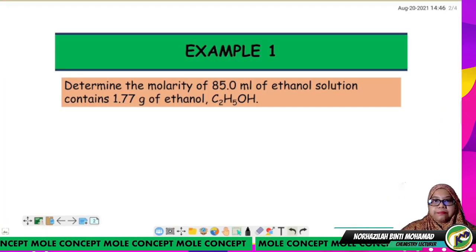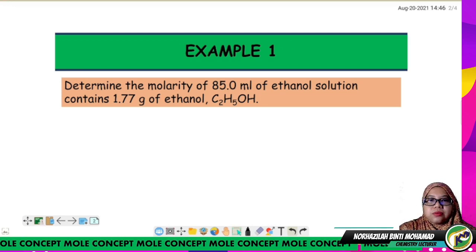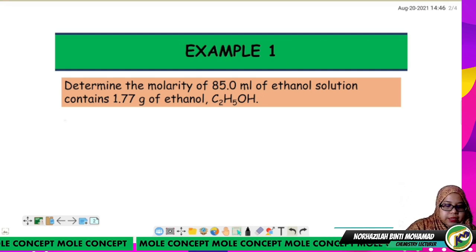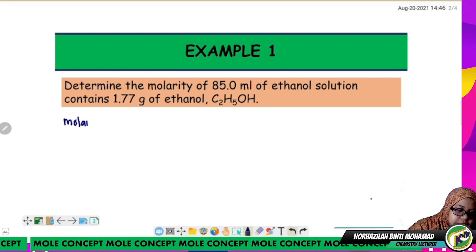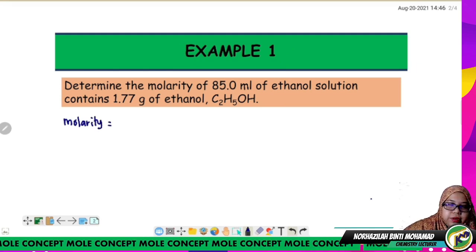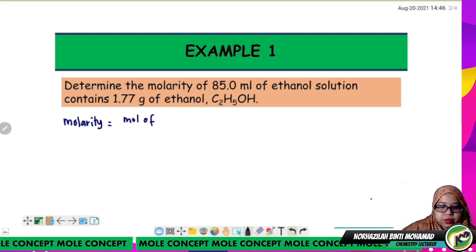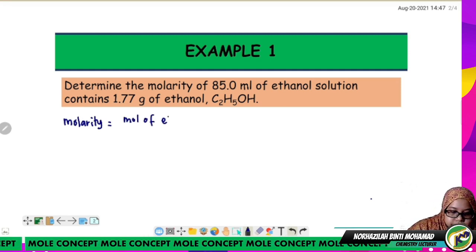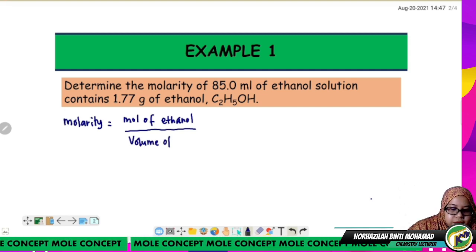We look at example 1. Determine the molarity of 85.0 ml of ethanol solution that contains 1.77 gram of ethanol. The question asks us to calculate the molarity. We know the molarity formula is moles of solute, and our solute here is ethanol, divided by volume of solution.